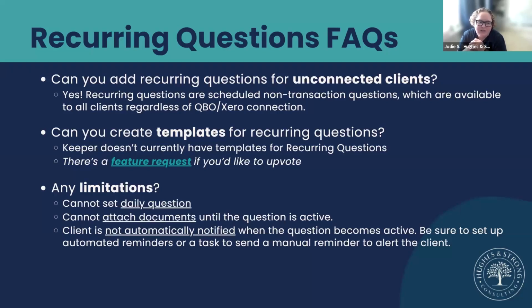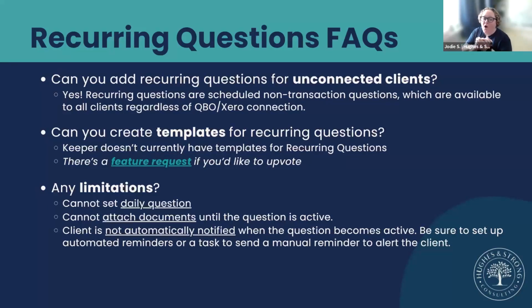Additional limitations: you cannot attach documents to the reoccurring question template. However, once that question goes live, say it's scheduled to go on the 15th, you're not going to be able to add an attachment to it on the 14th because it hasn't been added to the portal yet. But on the 15th, once it's added, then if you want to go in and pop an attachment on there, you can.